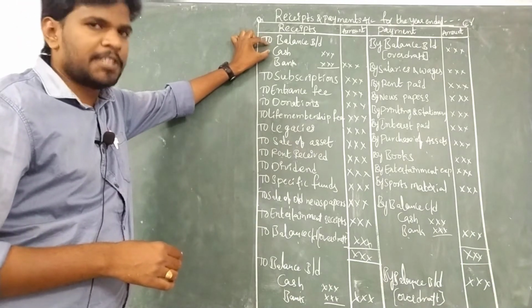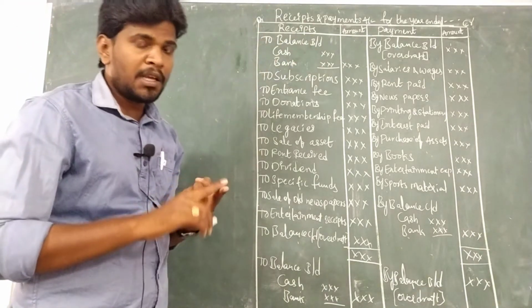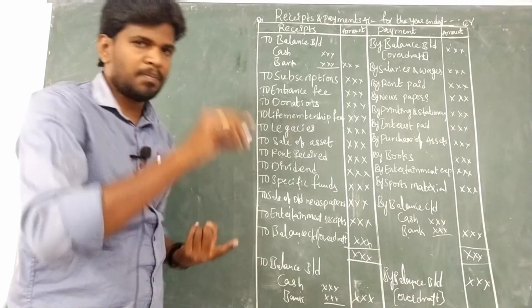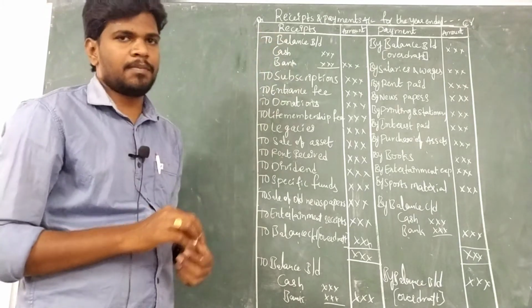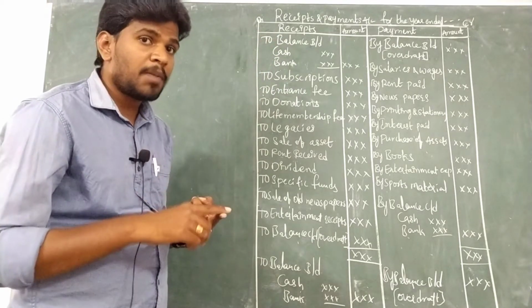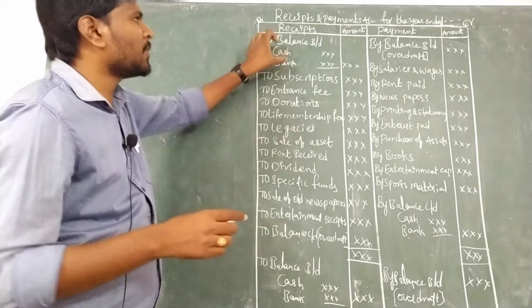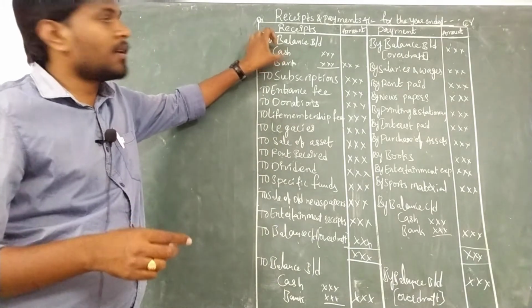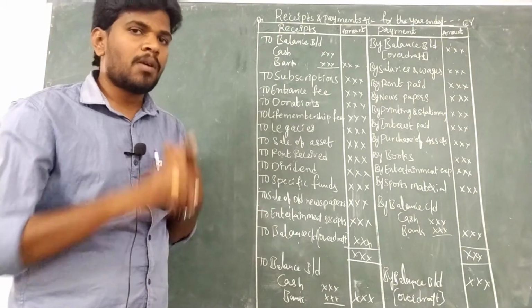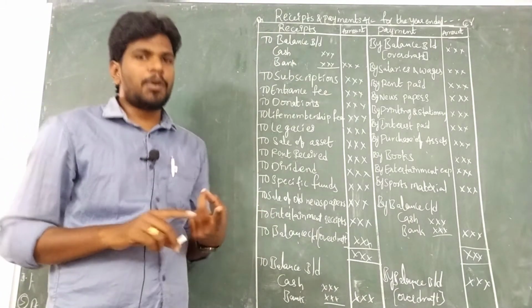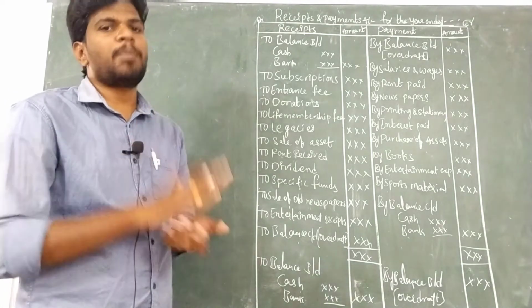See the first item on the debit side, to balance brought down. If there is any balance from the previous year, it is to be recorded on the debit side. That balance may be a cash balance or a bank balance. Cash is always debit, because without having a cash balance we can't make a payment.